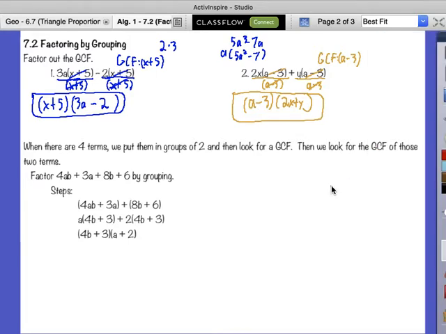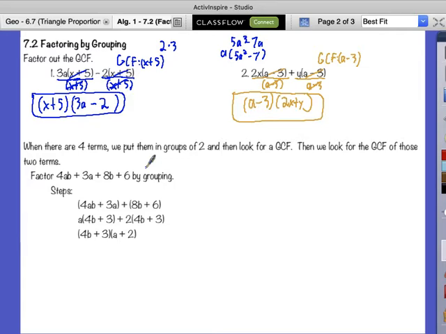Okay. When there are 4 terms, 1, 2, 3, 4 terms, we put them in groups of 2, and then look for a GCF of those terms. So for example, there are 4 terms, 4ab plus 3a plus 8b plus 6.